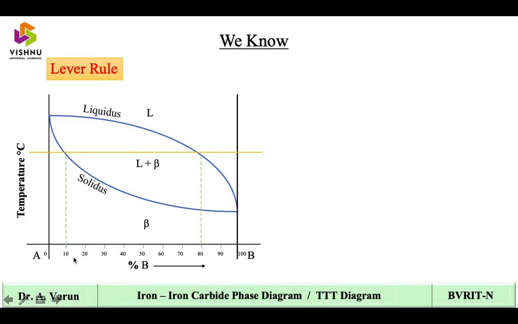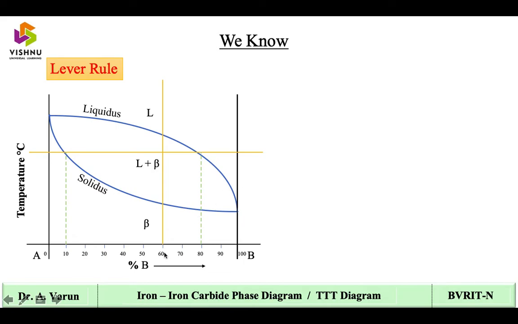So in this case, you can see directly the liquid composition is 80% of B, and the remaining will be 20% of A. Similarly, for solid composition, you have 10% of B and 90% of A. So this is the first rule.